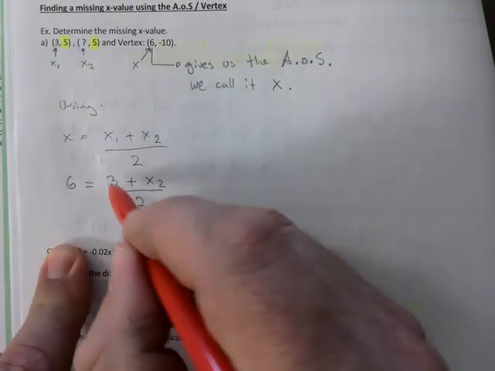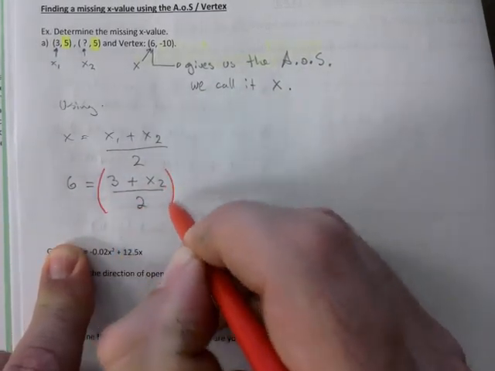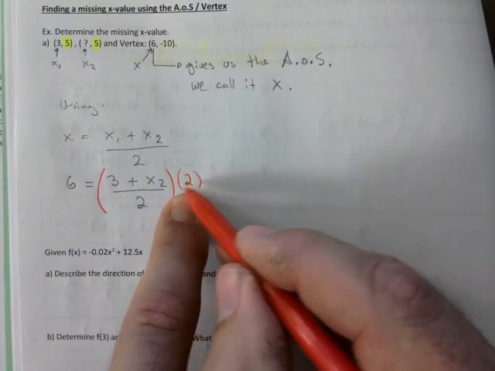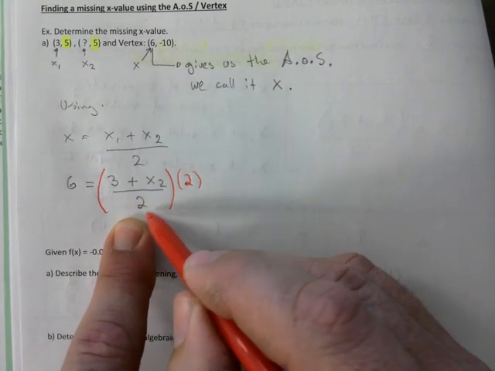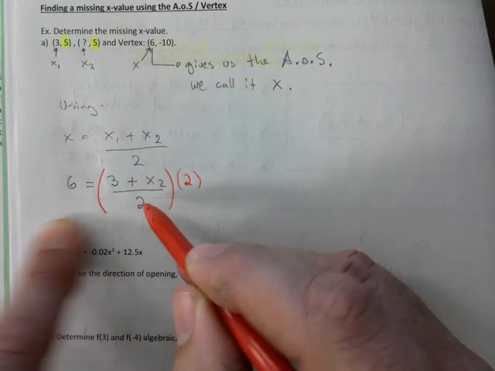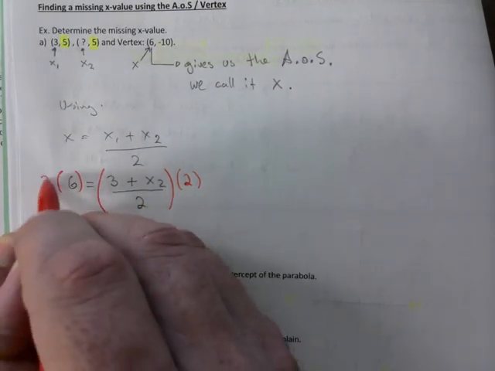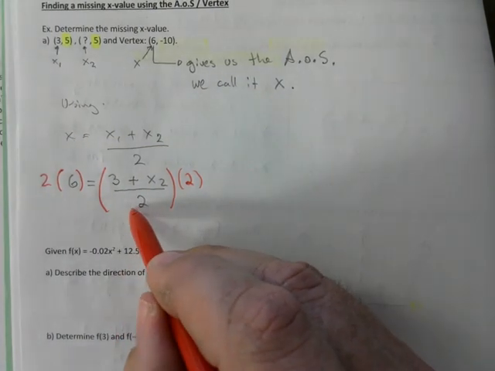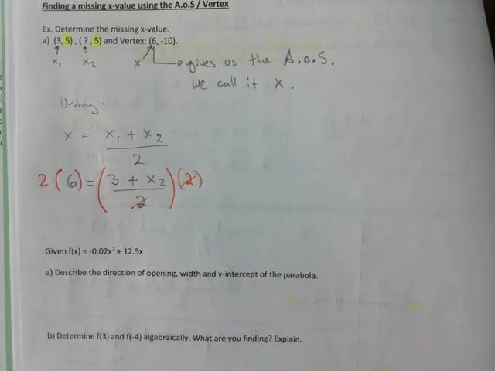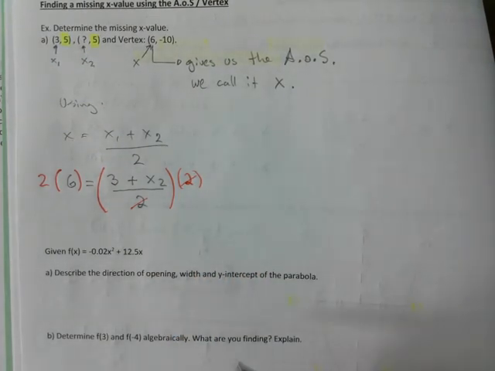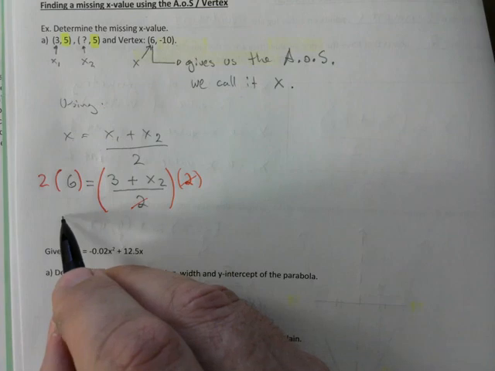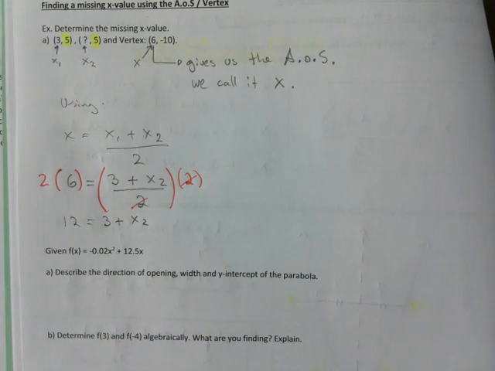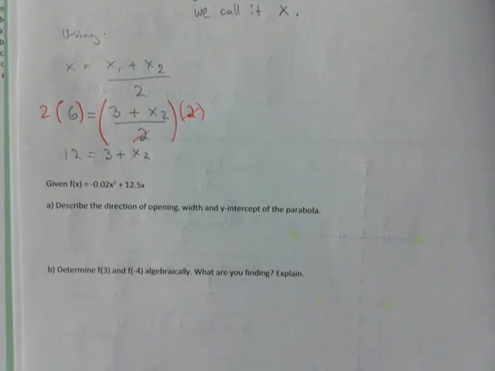So what I do here is take this whole thing and multiply it by 2. Why am I doing that? Because first and foremost I want to remove the 2 that's dividing. What you do to one side, you must do to the other side. That allows us to cancel these out, and you're left with 12 is equal to 3 plus x2. What happens next?